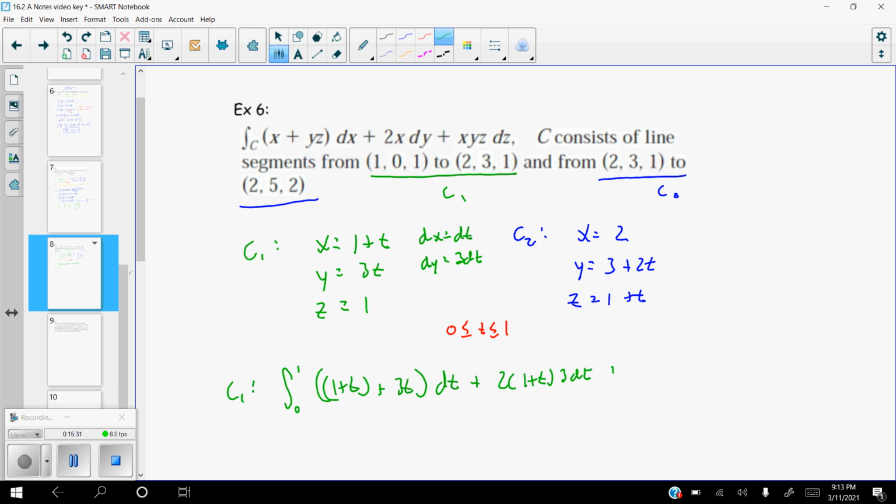And then xyz is (1 plus t) times 3t times 1 times dz, but dz is 0, so that whole part goes away.